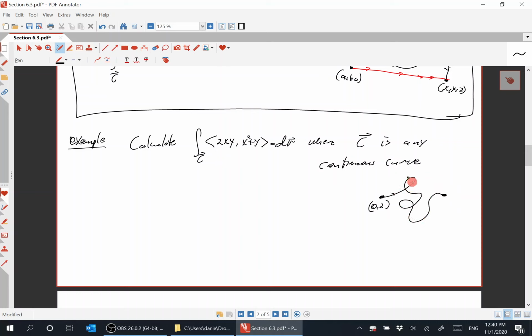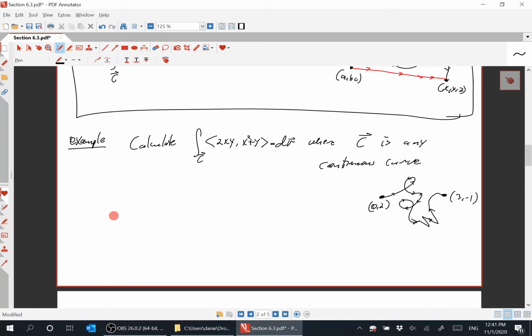When I'm drawing it, it's smooth, but it doesn't have to be. Matter of fact, let's make it a little unsmooth.